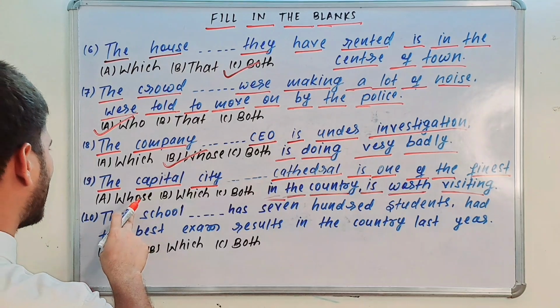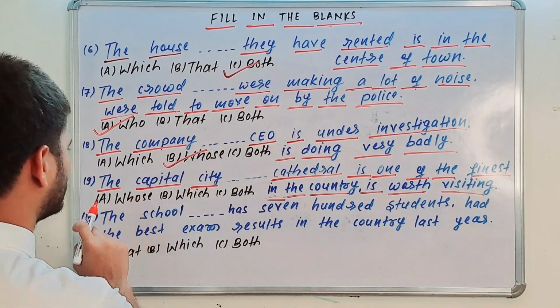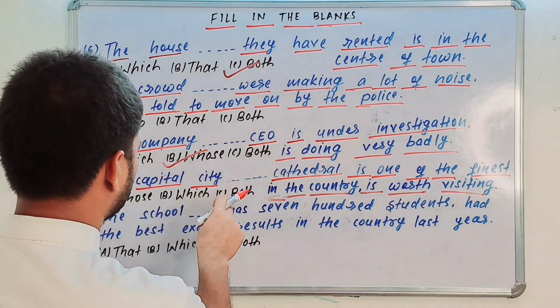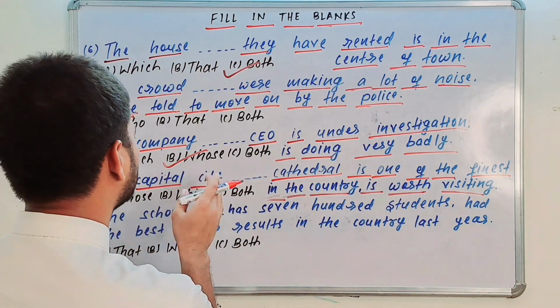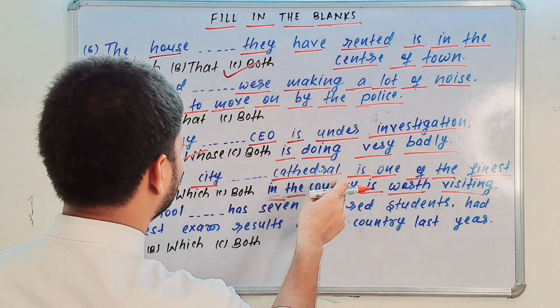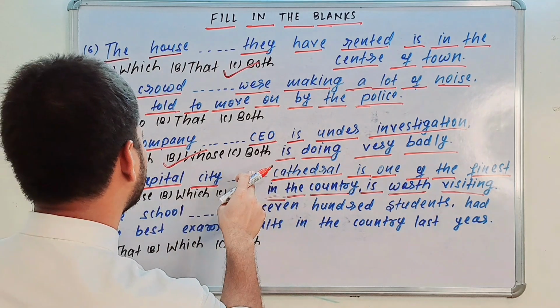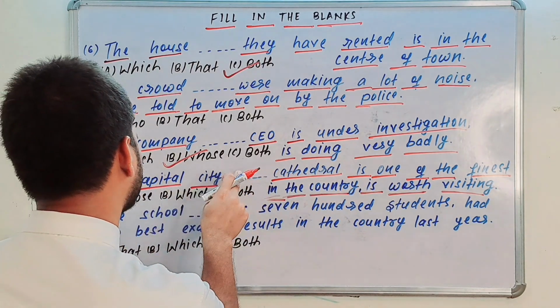So which one is the right option? Option A whose, option B which, option C both. Again see here, the capital city and its cathedral. So the cathedral of that capital city.